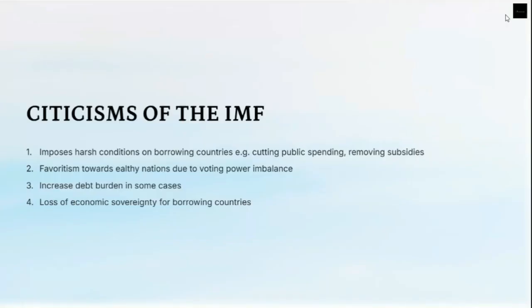The country is tough. It's because we are trying to pay all the money we borrowed. So whenever countries borrow like this, it actually imposes harsh conditions. Like Nigeria, we experienced it a lot. Everything was so high, all because we're trying to pay back money. Cutting public spending and removing subsidy is actually a harsh condition for a country.